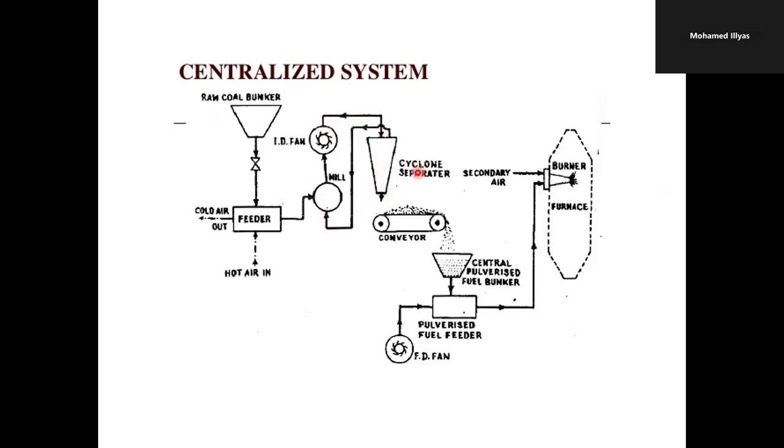The heavy coal particles will be supplied to the conveyor, and then to the central pulverized fuel bunker, from where the pulverized coal will be supplied to the individual units. For that we'll be using a forced draft fan. This system will be connected to the individual boiler units, so that the centralized system ensures the supply of coal to the individual boiler units without any interruption.